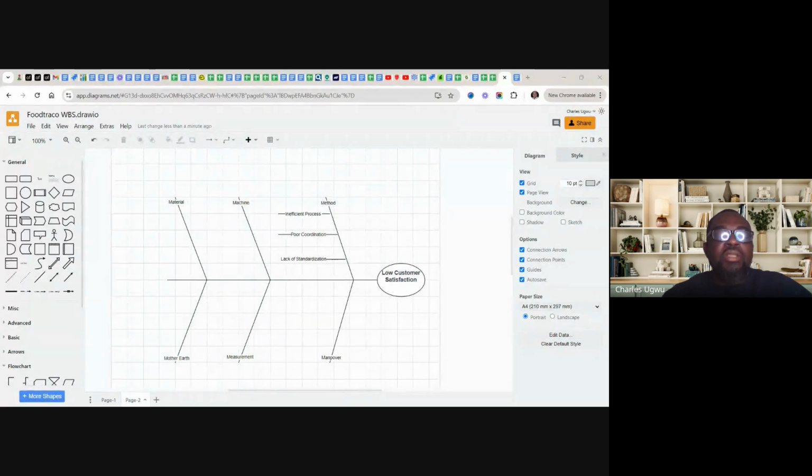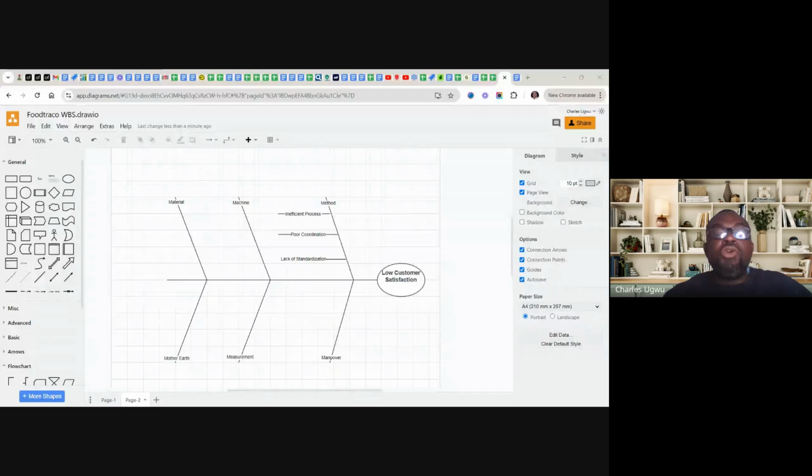That is Mother Earth. Or could it be measurement, like regulatory or whatever? We look at all the regulatory measures in place. Or is it the manpower? That is labor. Like we've seen under labor, low morale can be a big issue. Inexperience, lack of proper training.